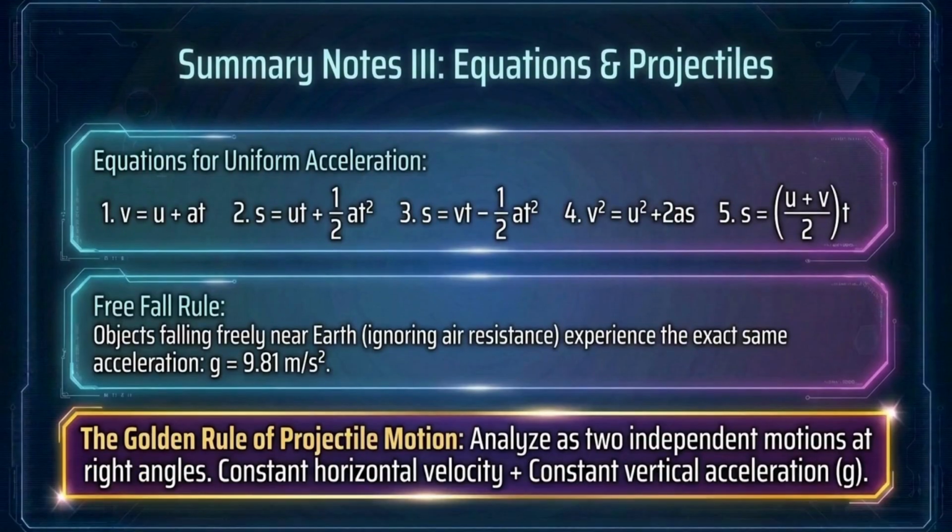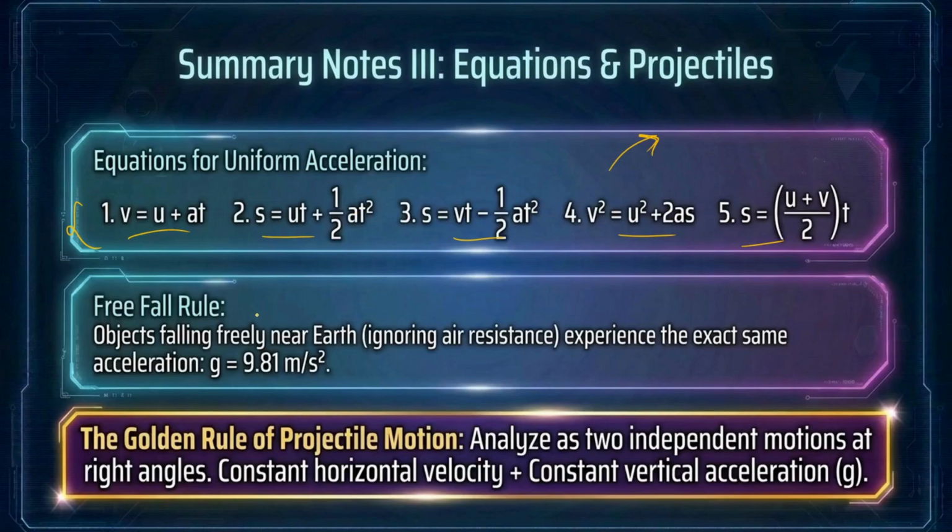Finally, let's summarize our main mathematical tools for motion. First, remember these five equations, and when you solve a problem, you have to identify which variable is given, which is not, and which is asked for. According to that, select the equations.